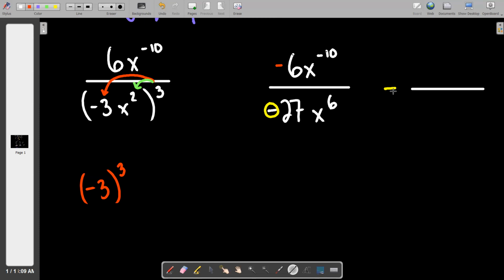Does that make sense? All right. Now it's time to reduce the 6 and the 27. What can you divide them both by? 3, which leaves behind, no negative, please. The negative has already been taken care of. It's just 9. It's imperative that you filter all negatives out to the front and then call it good.